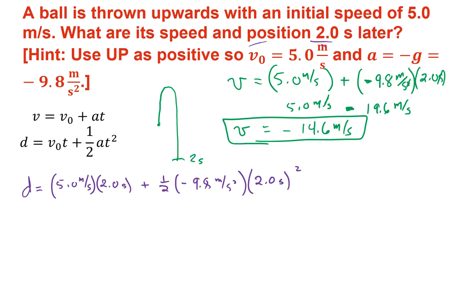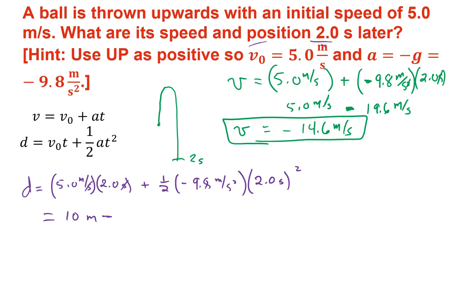So if I do my math now, 5 times 2 is 10, right? Meters per second times seconds, the seconds cancel. That's just 10 meters. This minus sign is going to make it a negative here. I'm erasing that circle so it doesn't confuse. And then I have to do my math. I like to do math in my head as much as I can.